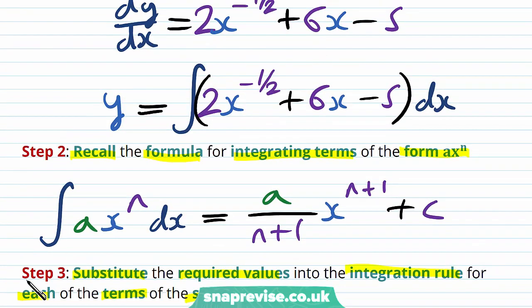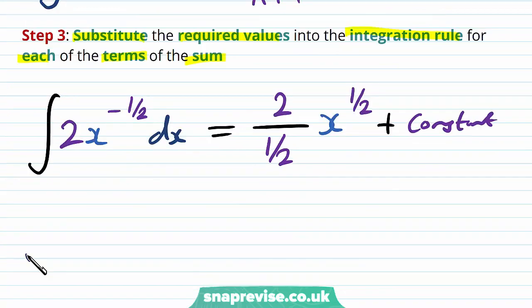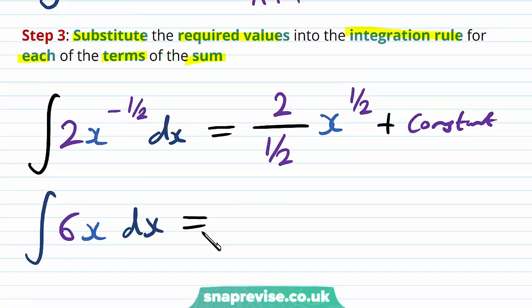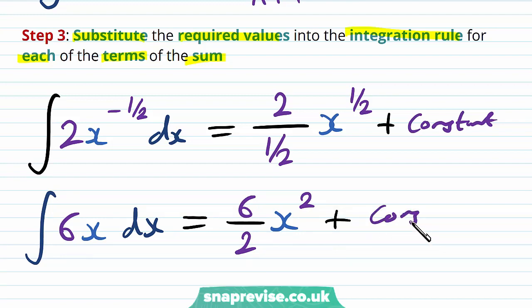And then for our second integral, we have the integral of 6x with respect to x. Currently, the power on the x is 1, and so we're adding 1 to it, we're going to get 2. And so we're going to divide by 2, and we're going to have an x to the power of 2. The constant up here is going to be the 6, the constant outside beforehand. And of course, we still have this plus constant.